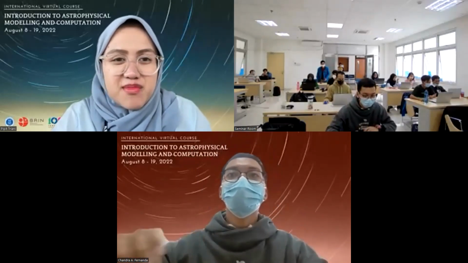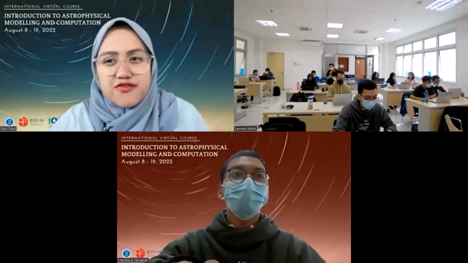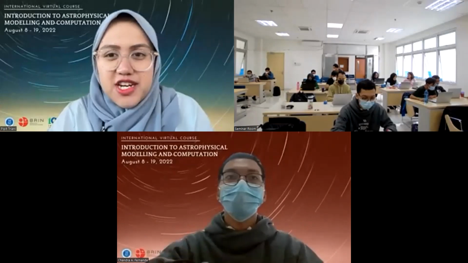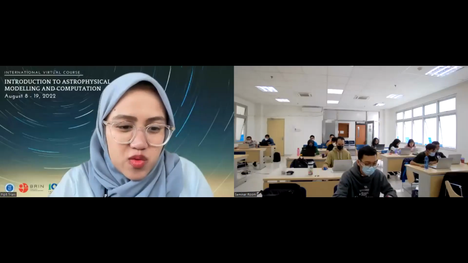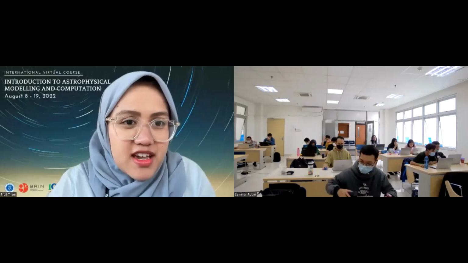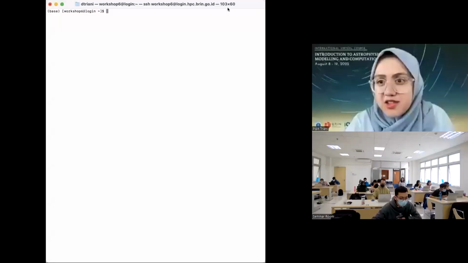All right. Okay, I think we began the first part of the hands-on already, and I think I know now how the HPC works. What I want you to do is, first, let me share my terminal.